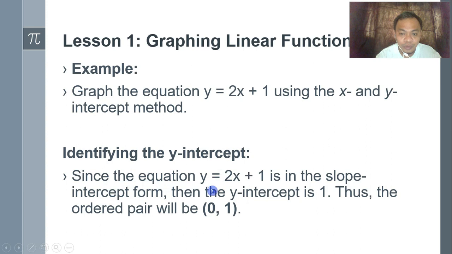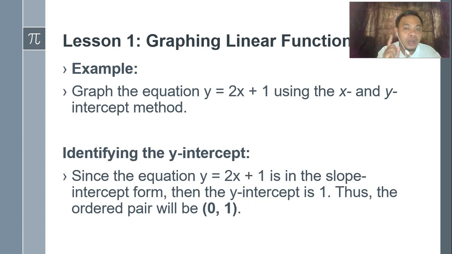Therefore, this is in the form y is equal to mx plus b, or the slope-intercept form, then the y-intercept is 1. Thus, the ordered pair will be 0 and 1. Our ordered pair is 0 for x, 1 for y.